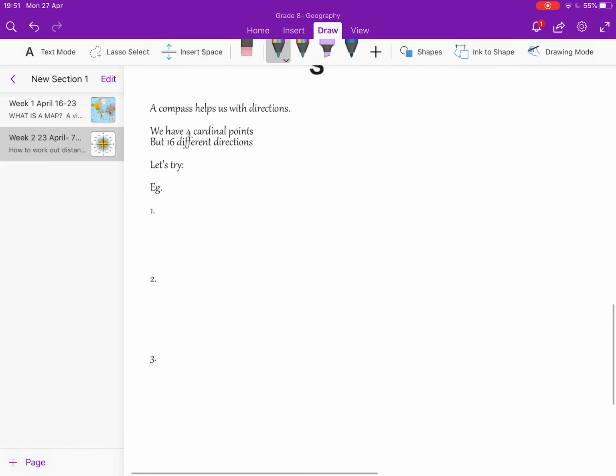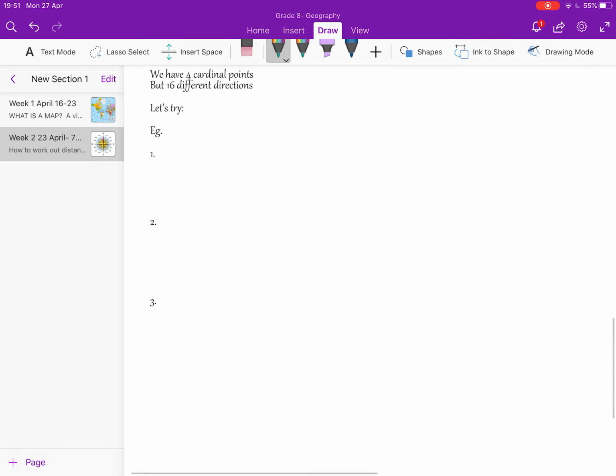So let's look at how to work out direction. Again, I'm going to draw, instead of point A and point B, let's say we are going to work out the direction from the windmill to the hospital.